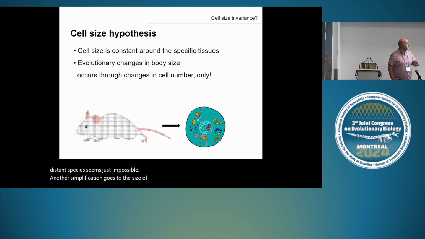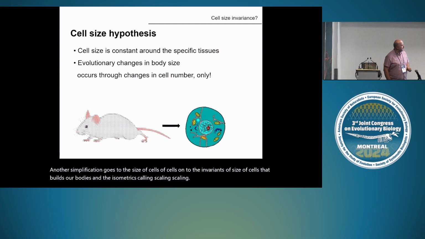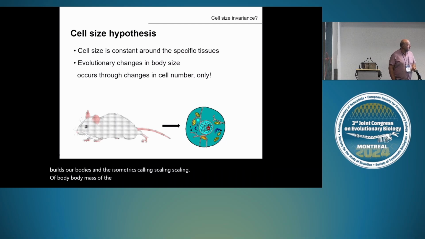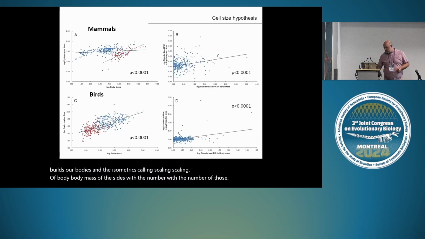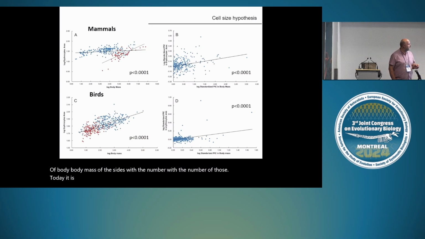Another simplification concerns the invariance of the size of cells that build our bodies, and the isometric scaling of body mass and body size with the number of those cells. Today, it is quite striking that cell size differs at both inter- and intraspecific levels.